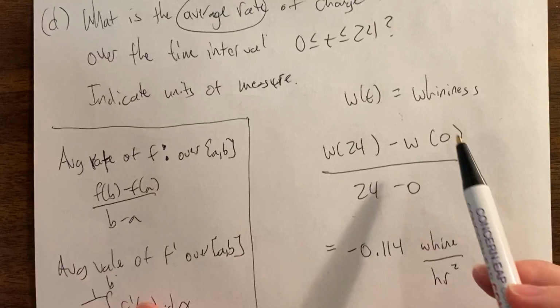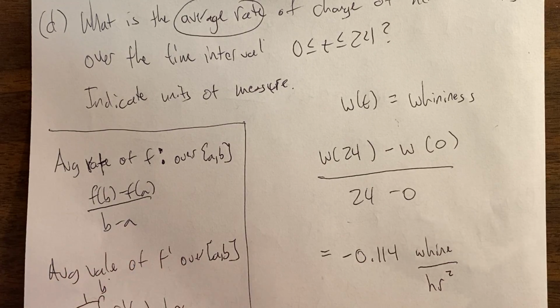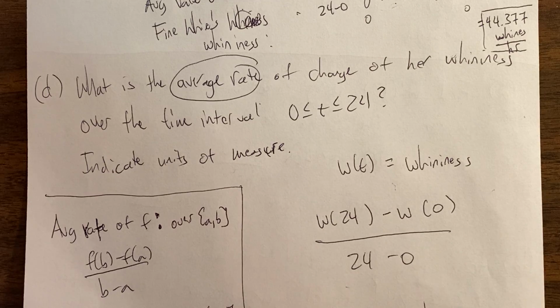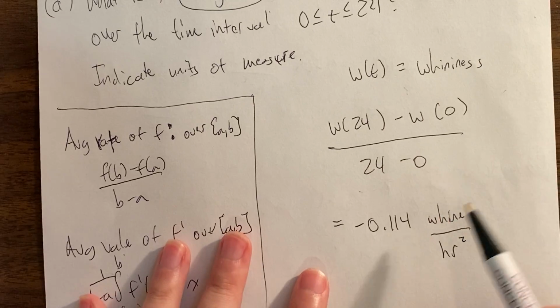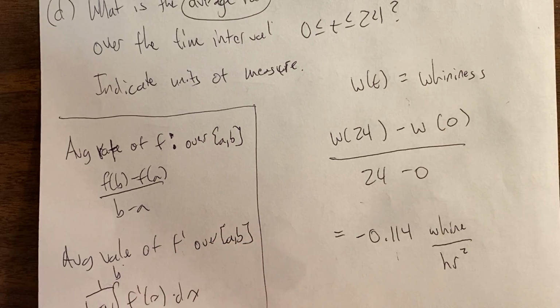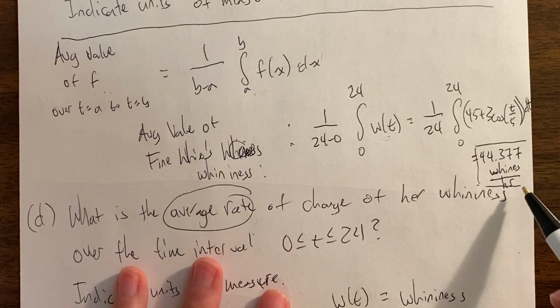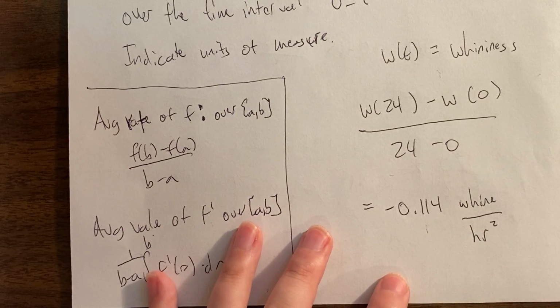But in this case, it was algebra slope like normal, because we were given y-ness and we wanted to find the average rate of change of y-ness. So it was algebra slope. And when we did algebra slope, we got this number. And the units of average rate is the same thing as instantaneous rate. We do divide by a time period. So in this case, it originally started with winds per hour, so we did winds per hour squared in this last one.